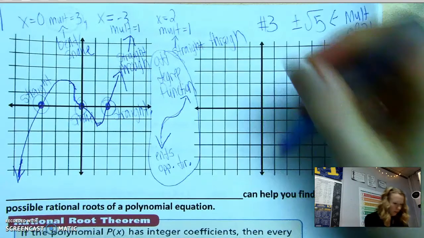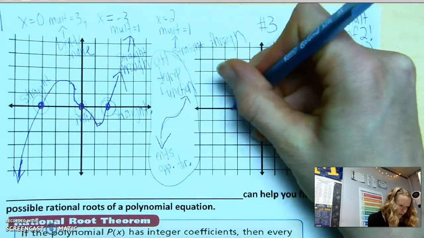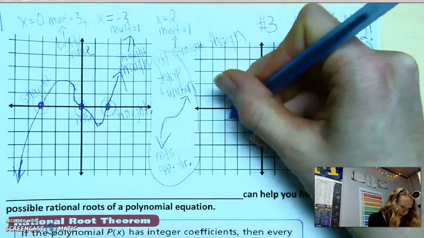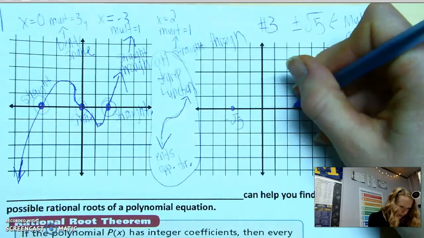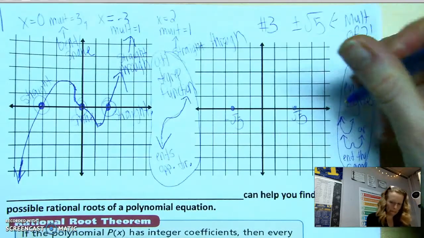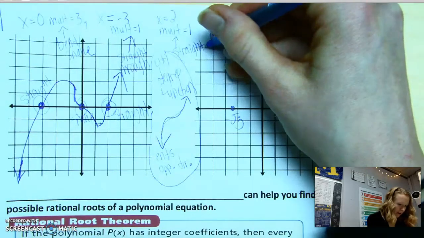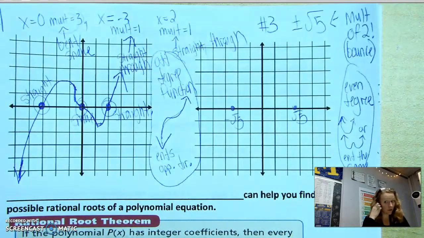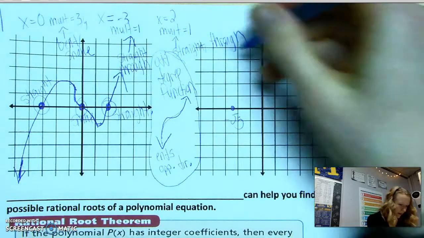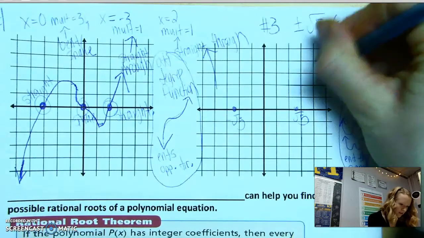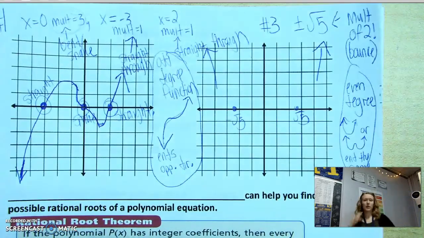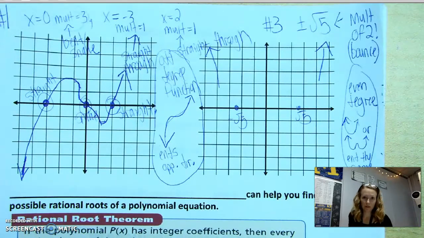But if we were to look, remember, I'm just going to plot the square root of 5 is somewhere between 2 and 3. So if I have negative root 5 and then positive root 5, I remember it's going to either look like a parabola or it's going to look like a W, right? But I do know the ends should both be opening up because this is a U-shaped graph, and it should be opening the same direction.